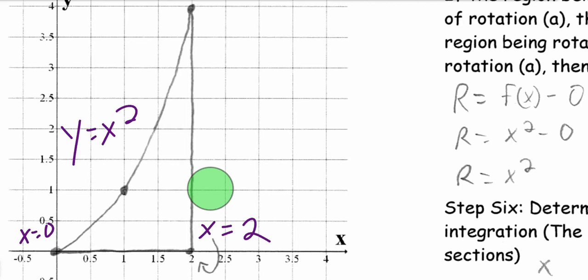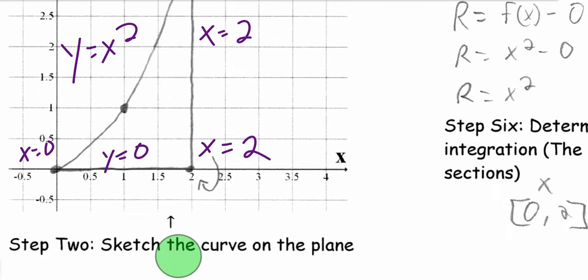Here's our other curve. It has to be x in this case because we're going to start at x equals 0 and go to x equals 2, so everything needs to be in terms of that. And the bottom curve, by the way, is y equals 0. So everything is in terms of x because it's bounded by 0.